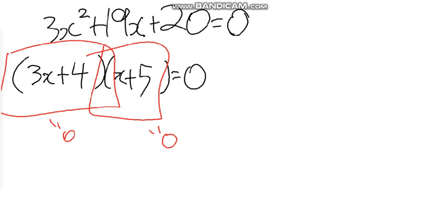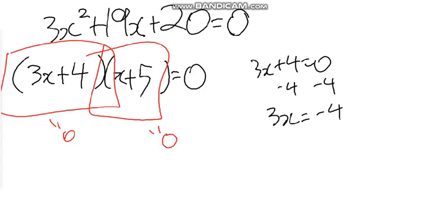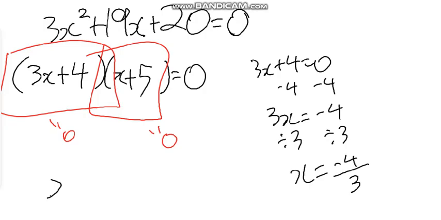Of course, there's no end to infinity, but still, you get the point. 3x plus 4 equals 0. You subtract 4 from both sides, 3x equals negative 4. Then you divide each side by 3, x equals negative 4 over 3. So one of the answers would be x equals negative 4 over 3.